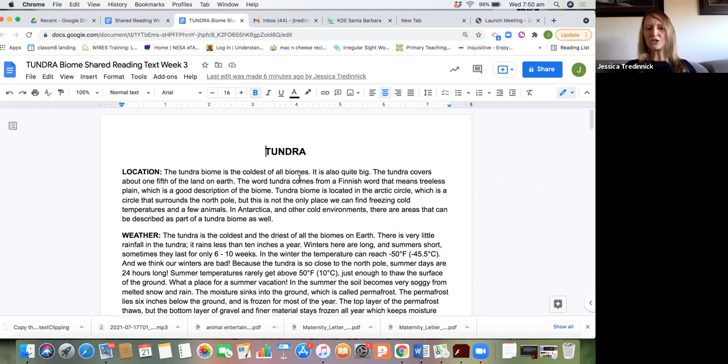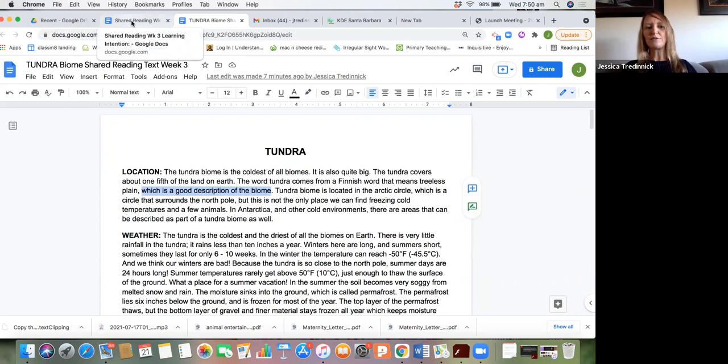The word tundra comes from a Finnish word that means treeless plain, which is a good description of the biome. Okay, so if I use those words, that it comes from a Finnish word that means treeless plain, I know that treeless means that there's not too many trees on the plain, and a plain is like a very flat, open surface. And it says that this is a good description of the biome.